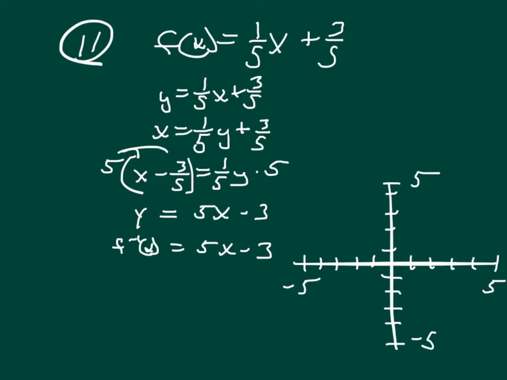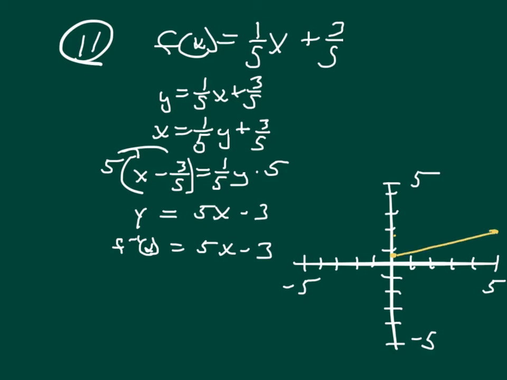First of all, looking at this one right here, here is my slope, here is my y-intercept. So I'm going to be at 3/5, which I'll just approximate right in there. And then I'm going to go up 1 over 1, 2, 3, 4, and 5. So it's going to be about right there.